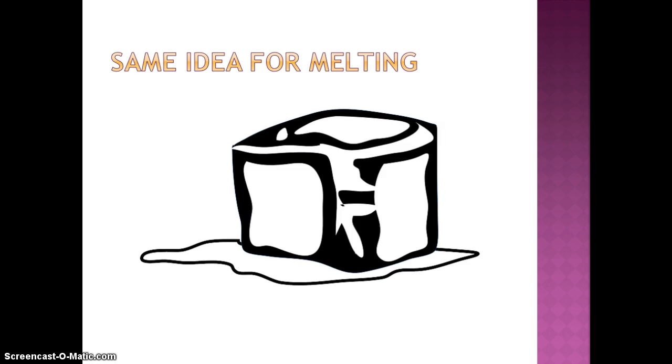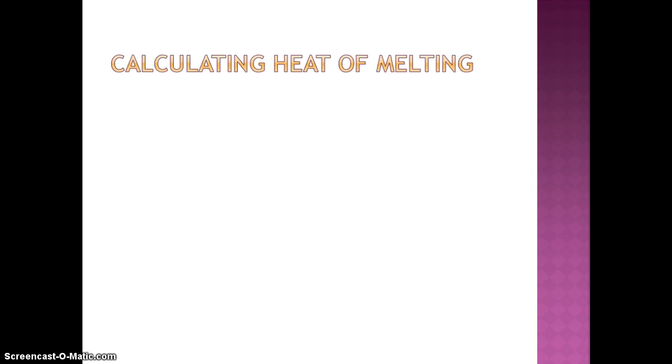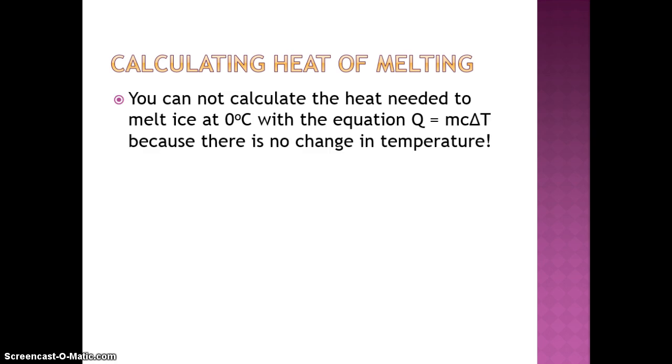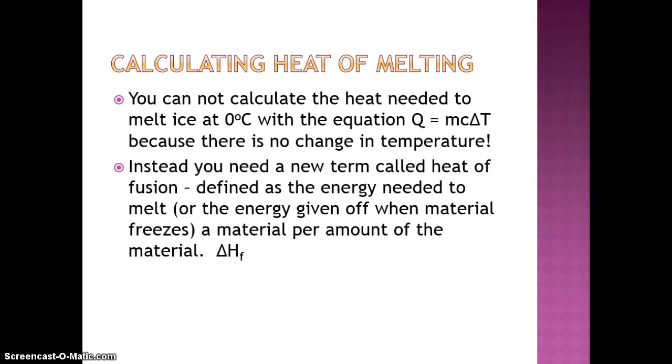Now the same idea is for melting. If you take some ice and measure the temperature and it's starting to melt, it will be 0 degrees Celsius. It will continue to be 0 degrees Celsius until all the ice has melted away. So how do I calculate the heat needed to melt something? Well, once again, I can't use Q equals mc delta T because there's no change in temperature.